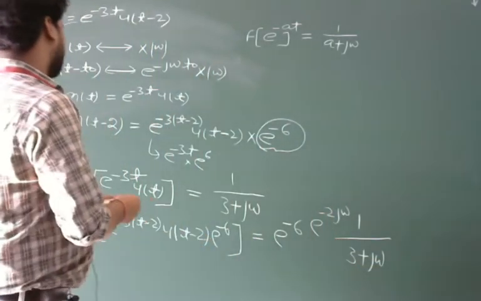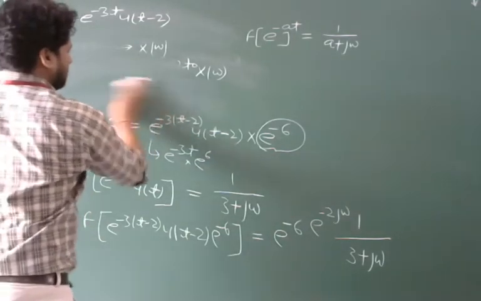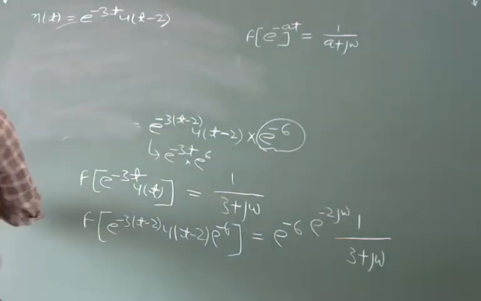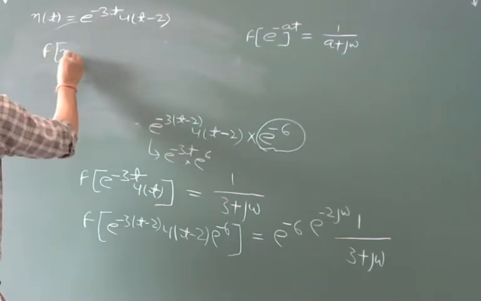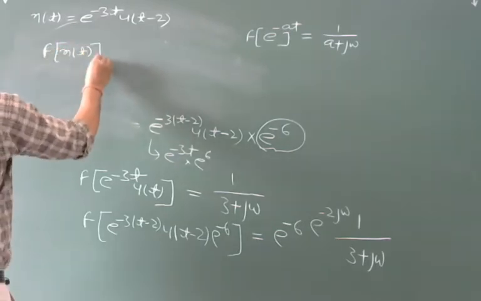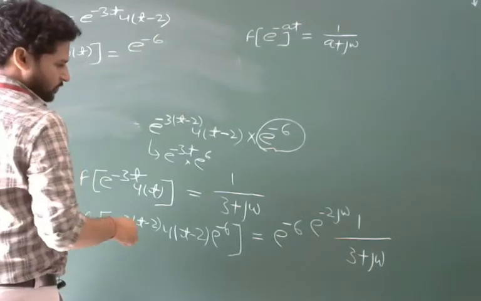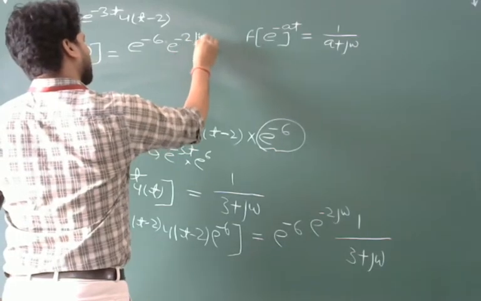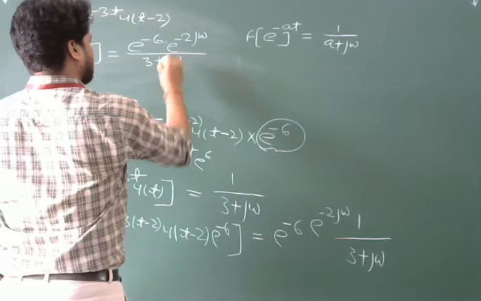Then the Fourier transform of this signal e^(-3t) u(t-2), the Fourier transform of this x(t), will become e^(-6) into e^(-2j omega) upon 3 plus j omega.